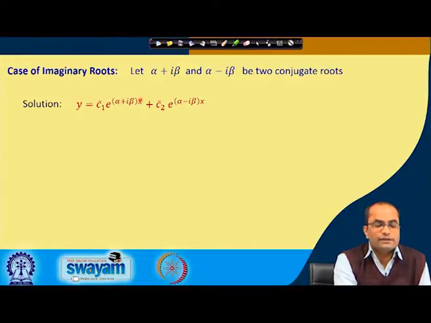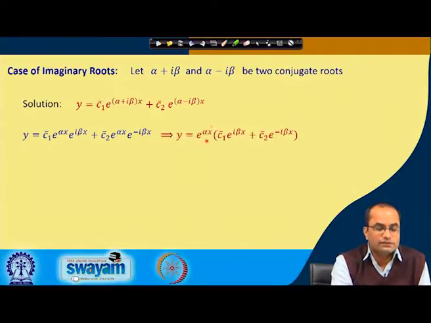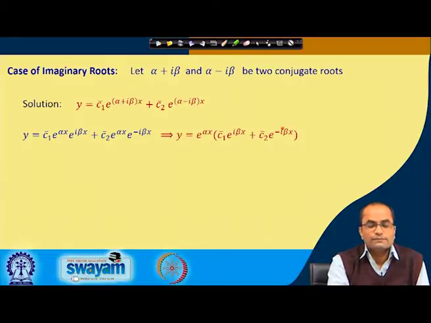So, e power alpha x is the common term in both. We take this common, and what remains is C 1 e power i beta x plus C 2 e power minus i beta x.